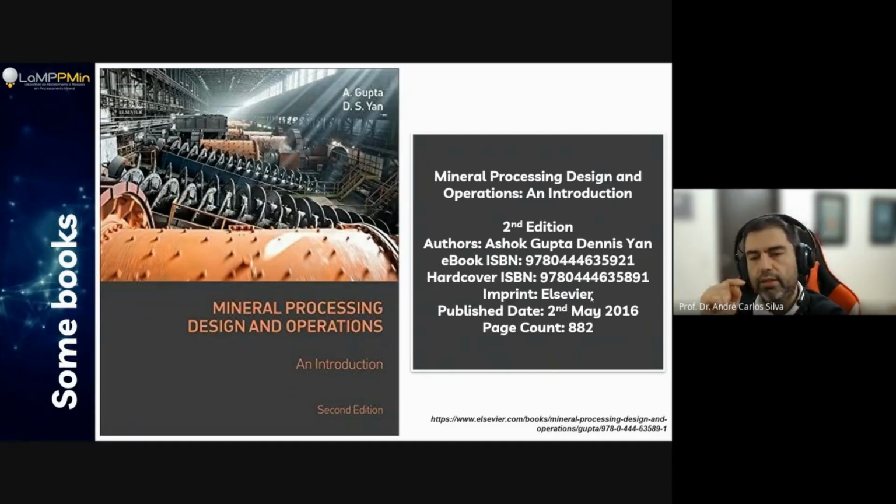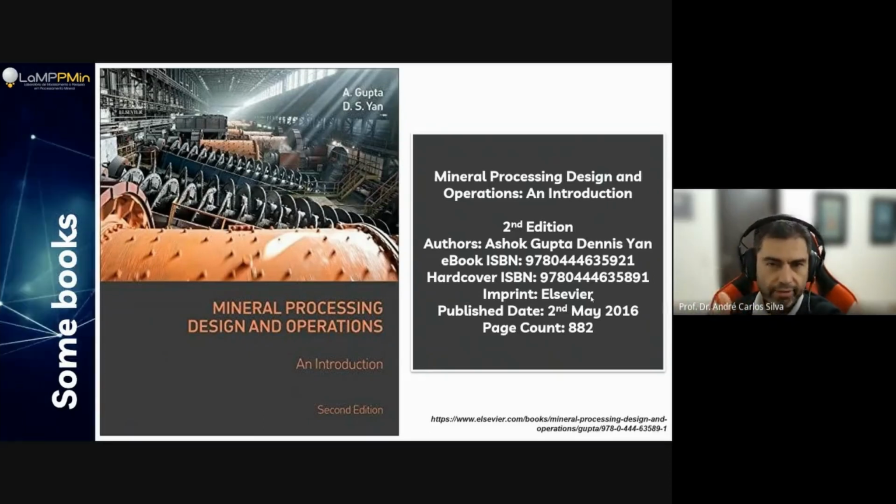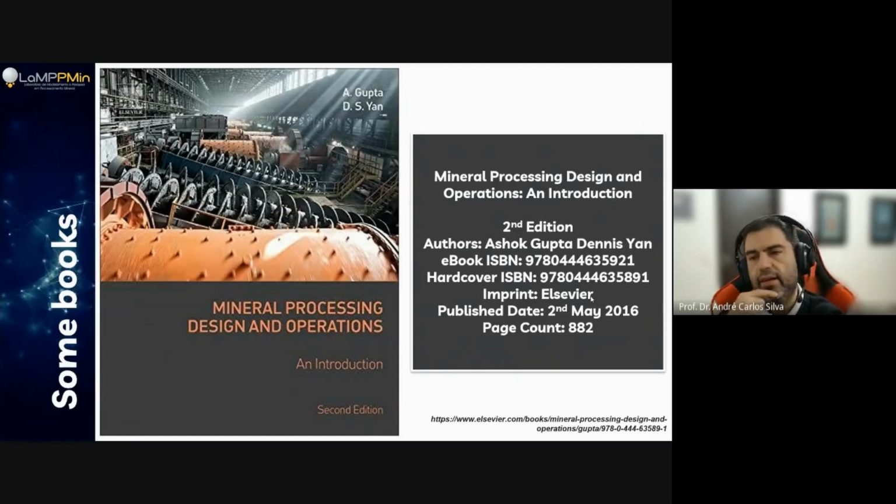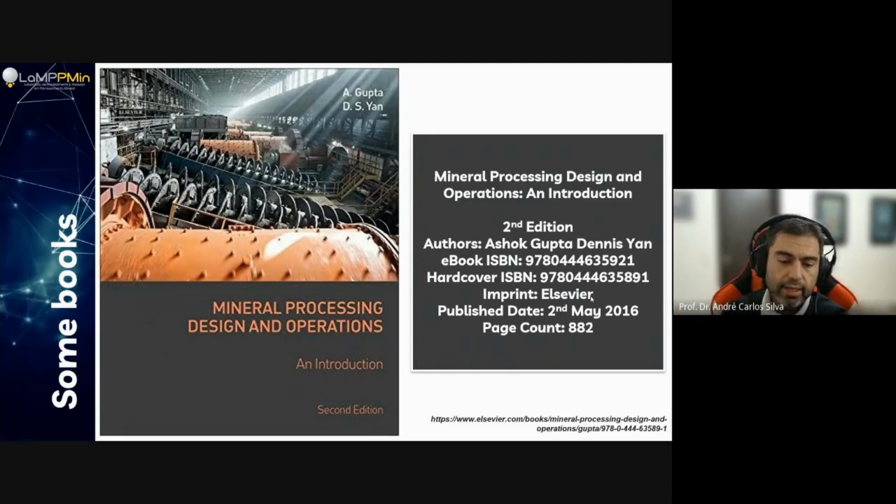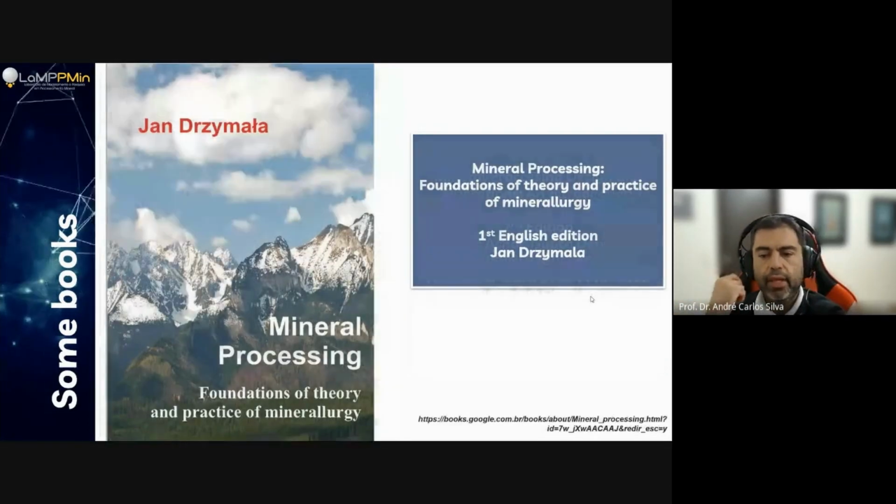But one thing you're not going to find in the first one is dimensioning. You're not going to find a lot of math equations. If you're more interested in dimensioning your equipment, and in the math and physics itself, you should not go to the first one. Probably this one, Mineral Processing Design and Operations, has more things to allow you to better make your calculations.